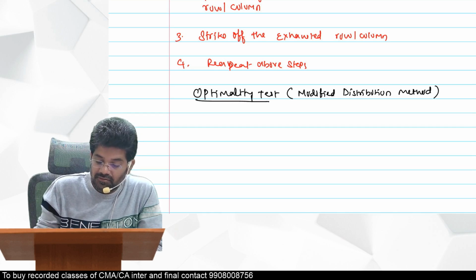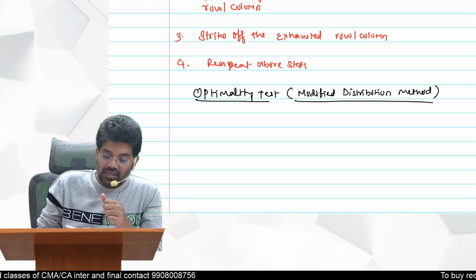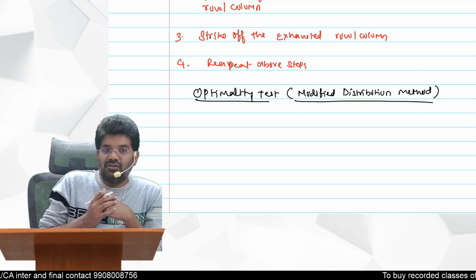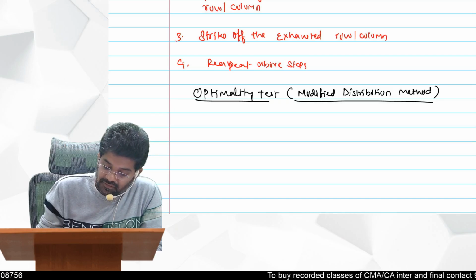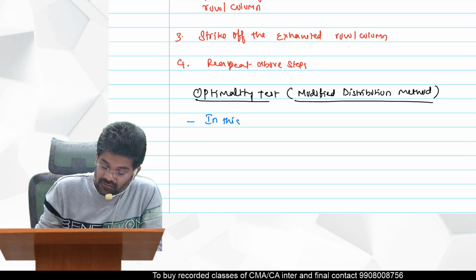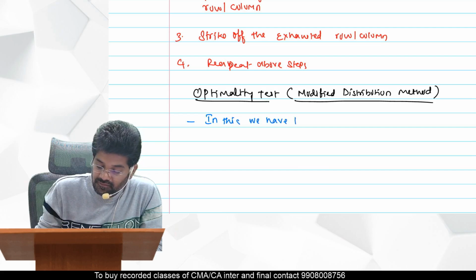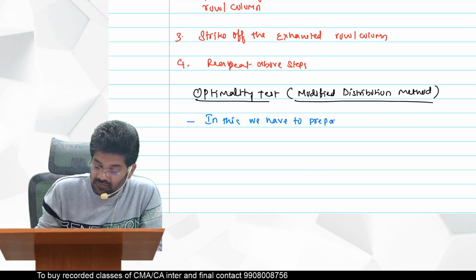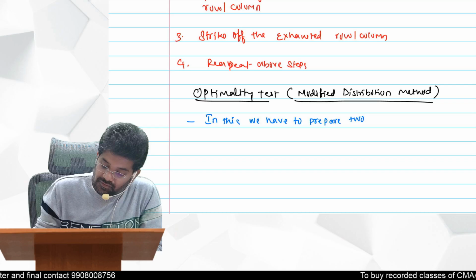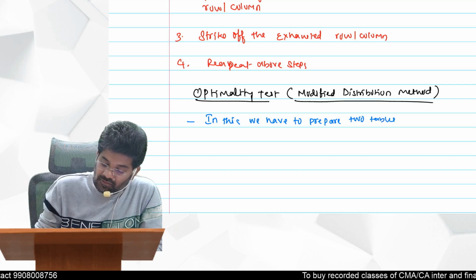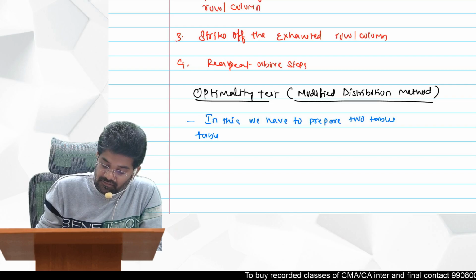Which method we are going to apply? Modified distribution method. In this, two matrices, two tables you have to prepare. Table number 1 is the U plus V matrix.